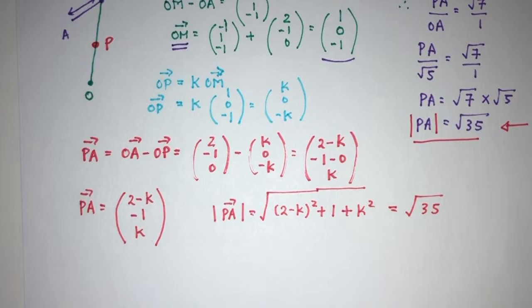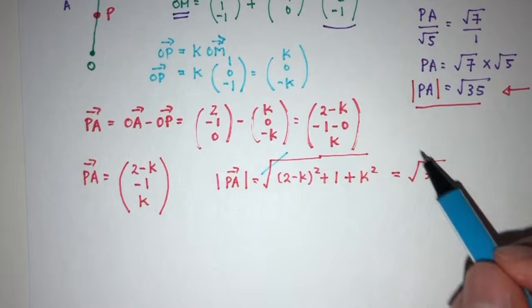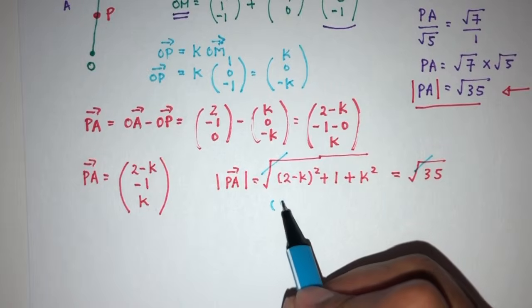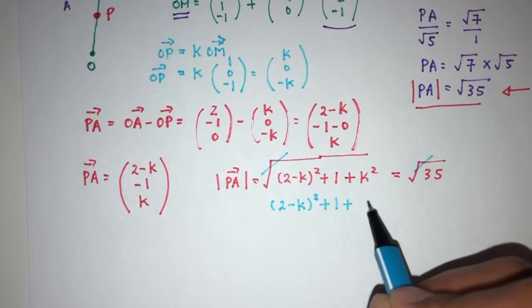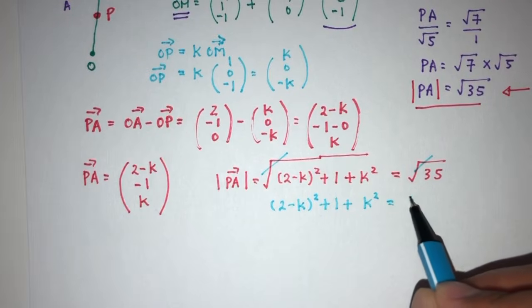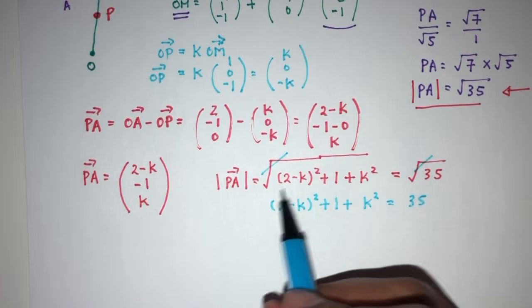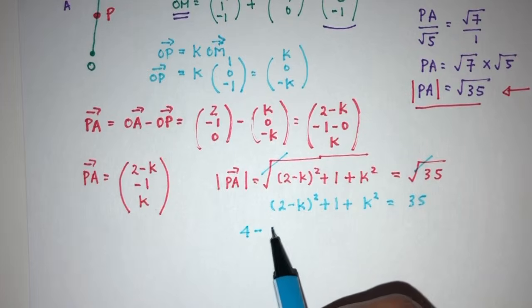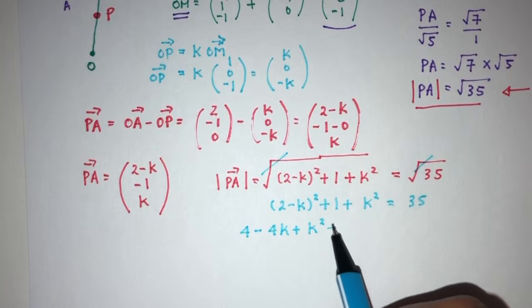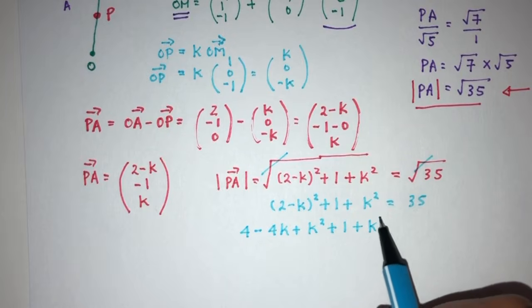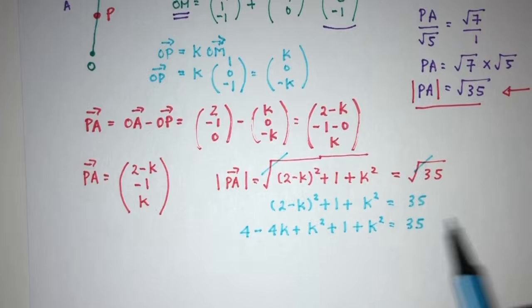Now we have to simplify. The roots cross out, so you will have 2 minus K squared plus 1 plus K squared equal to 35. Now let's expand this one. That will be 4 minus 4K plus K squared plus 1 plus K squared equal to 35.